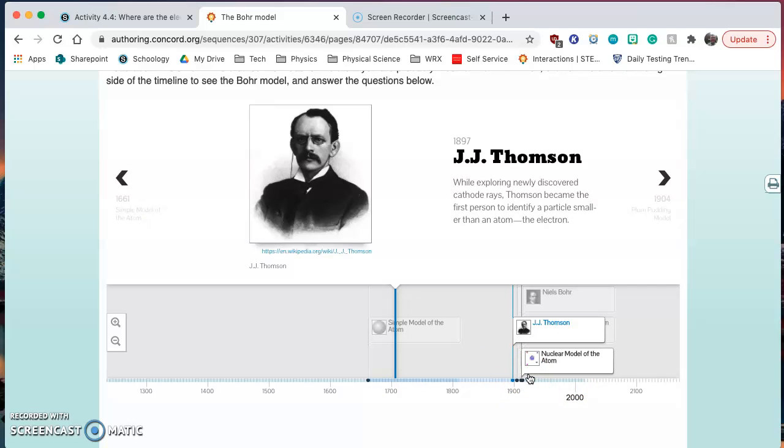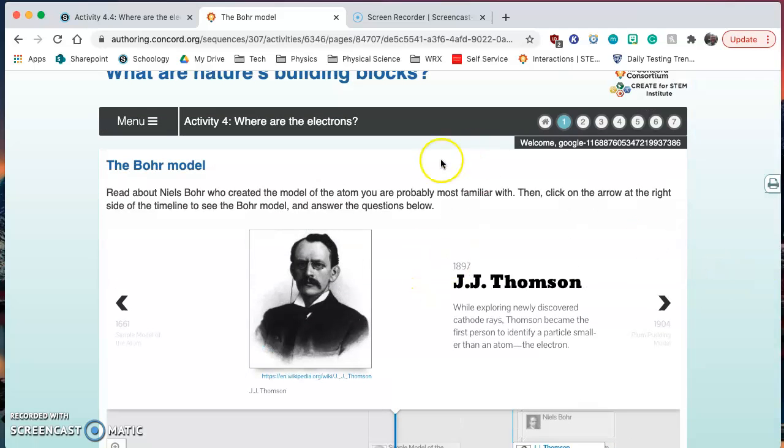So this was roughly 1900 years of a gap between our first idea of particles and all of these changes, right? And then you can see here that in maybe a course of 50 years, we made huge strides to understand what an atom looked like. So just keep an eye on that stuff.